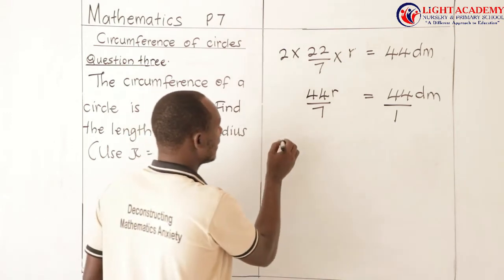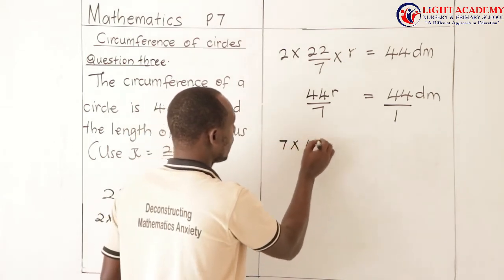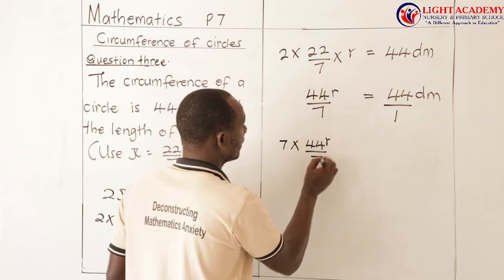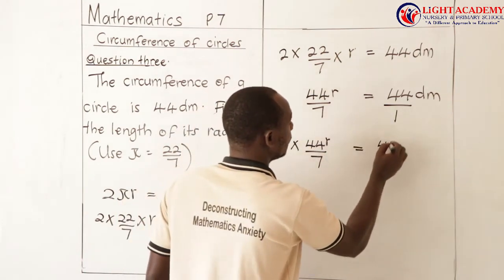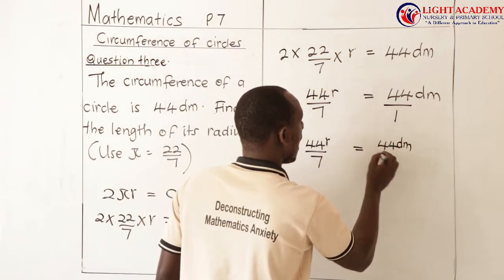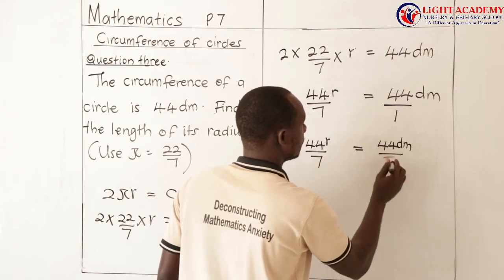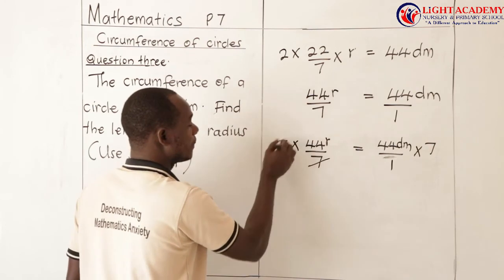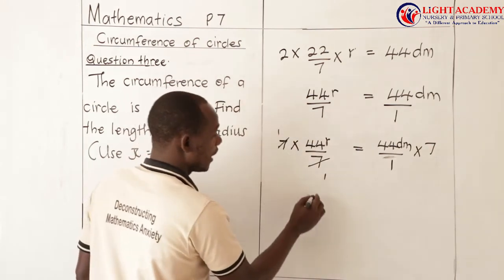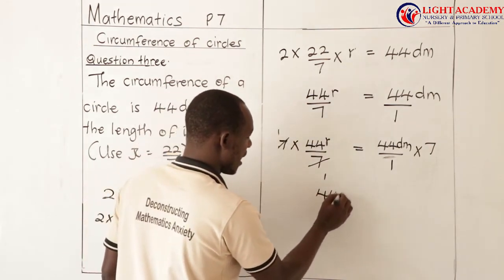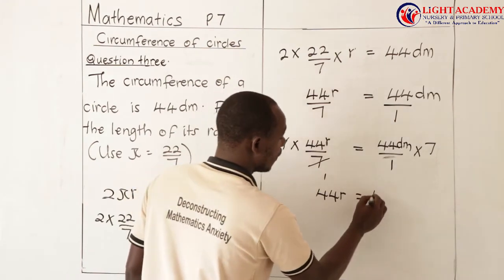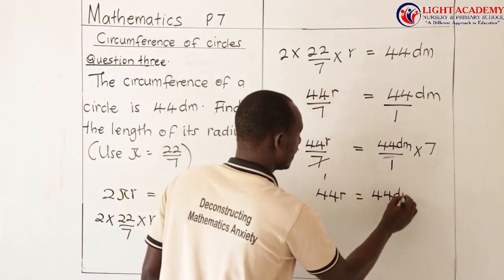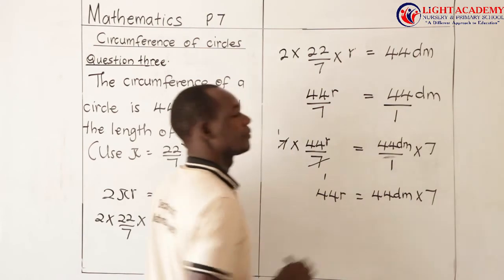So I'll now say 7 times 44r out of 7 equals 44 decimeters out of 1 times 7. In this case, I'll reduce this by this to be 1, 1. So I'll remain with 44r equals 44 decimeters times 7.